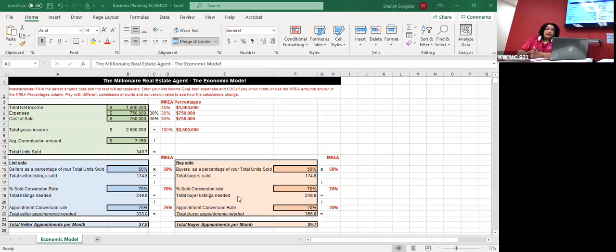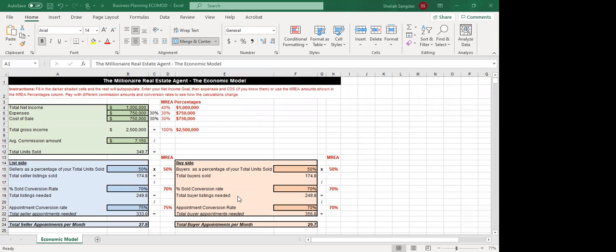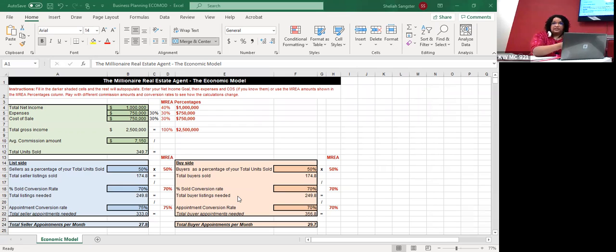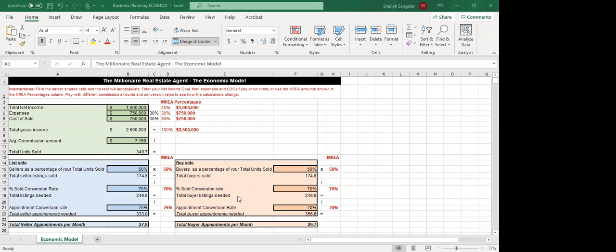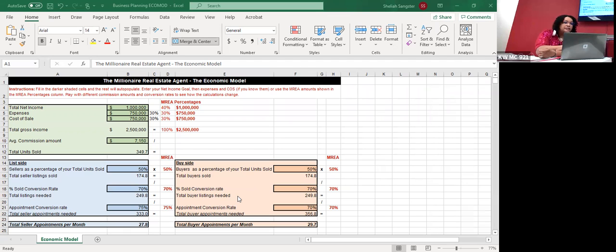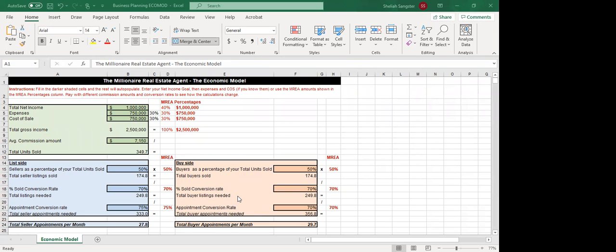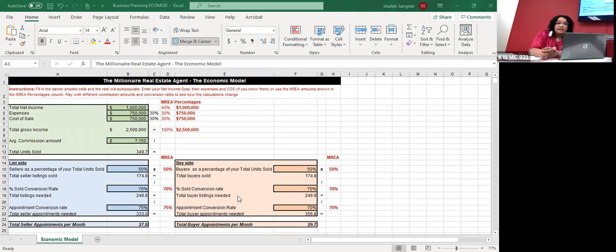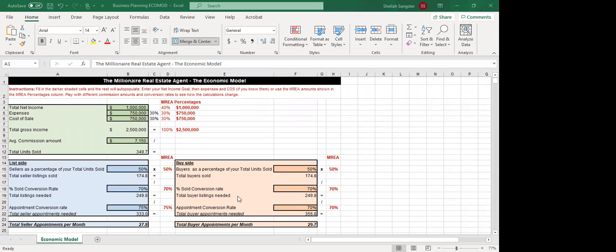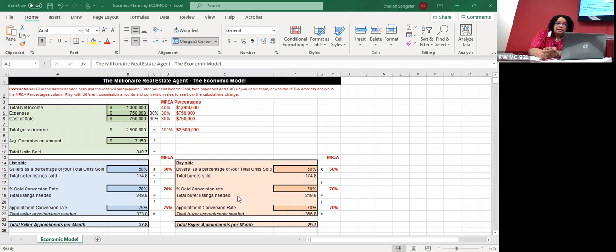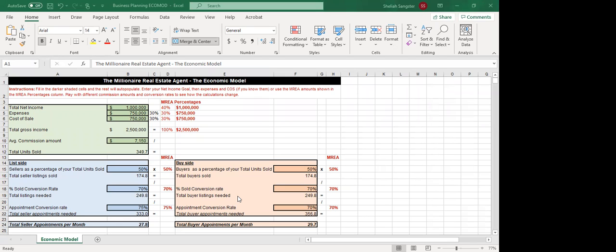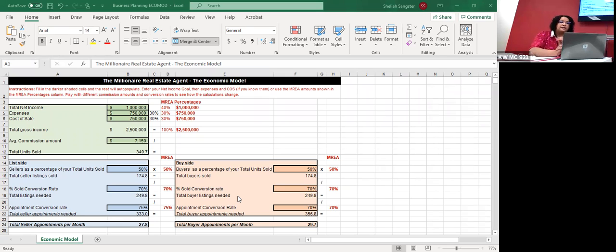Now, I can do a variation of maybe 36 transactions closed in a year that will give you something similar to this MREA economic model, and I can provide that to all of you as well. So, the total gross income you'll need to net a million is 2.5. The average commission amount is nationwide, so it's 7,150, based on a total of about 350 units sold.